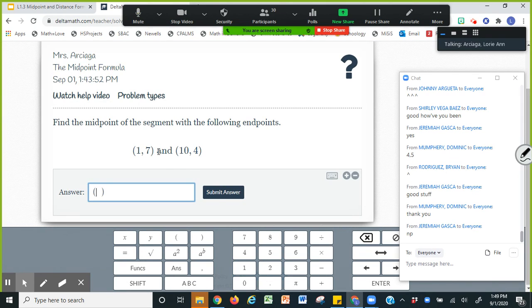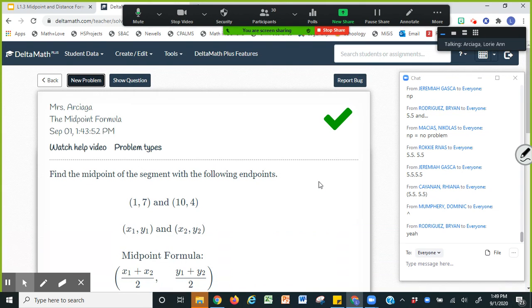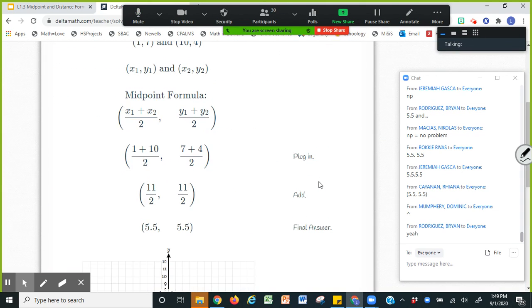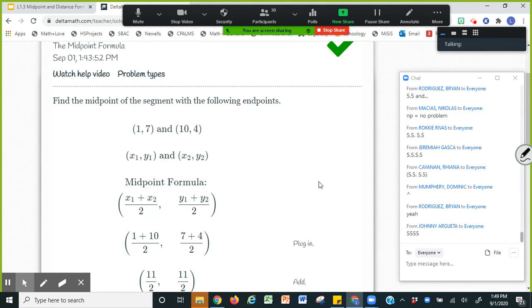Okay, so what's the middle? Add them up. Okay, so 5.5. Let's see if this accepts decimals. So 5.5 and 5.5. Submit answer. Click yes. There you go. Okay. All right, so 5.5, 5.5. Cool. All right, let's try another one.